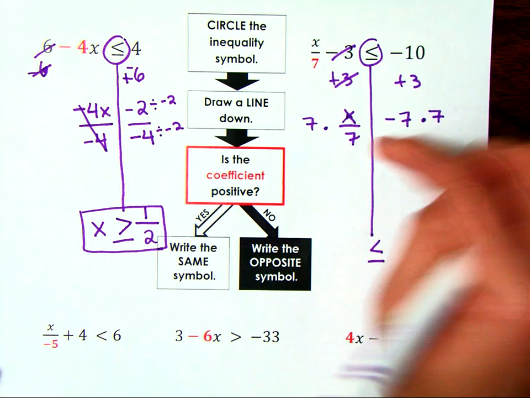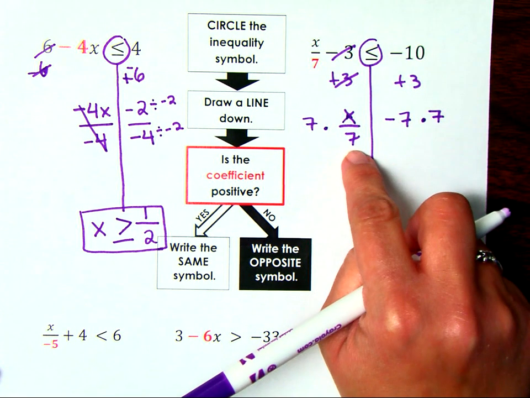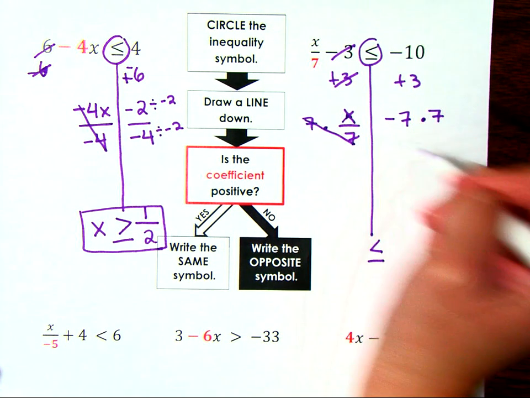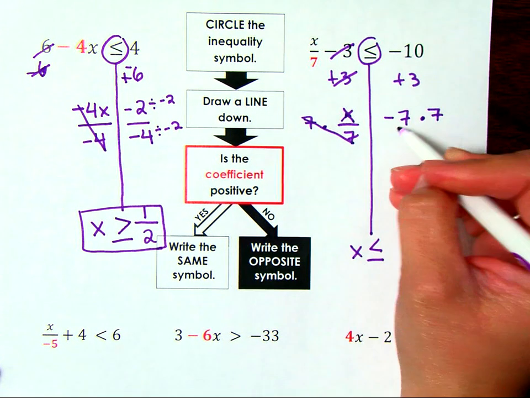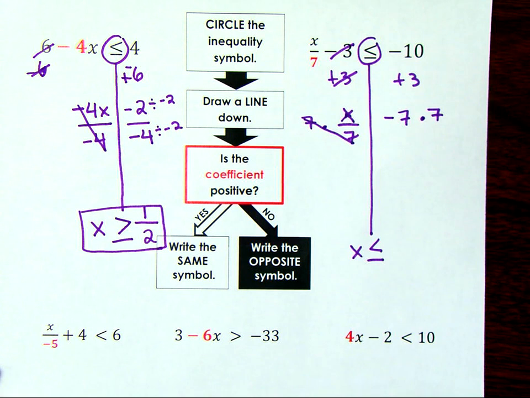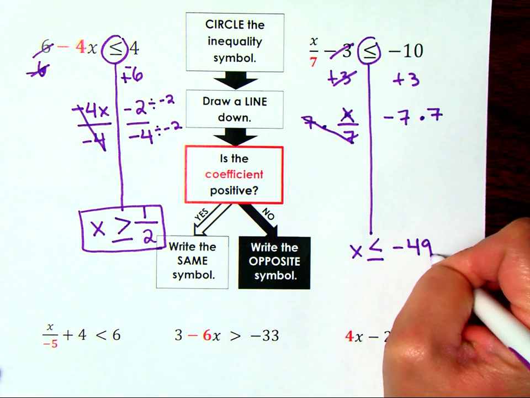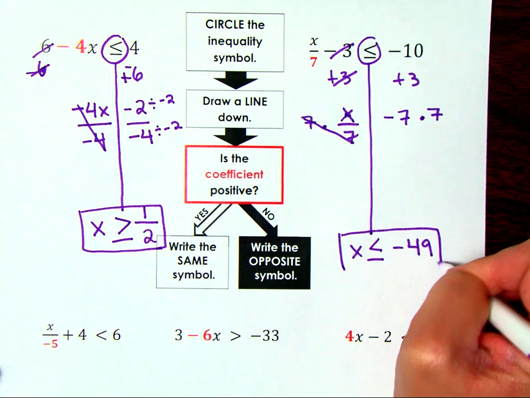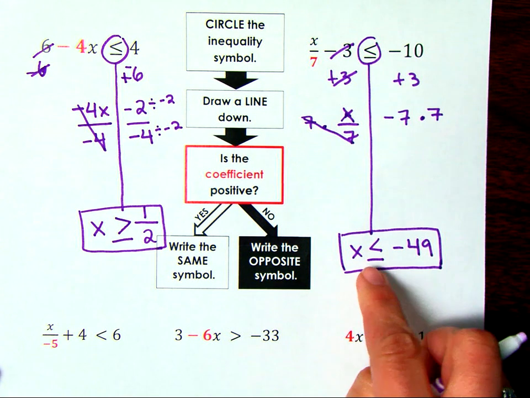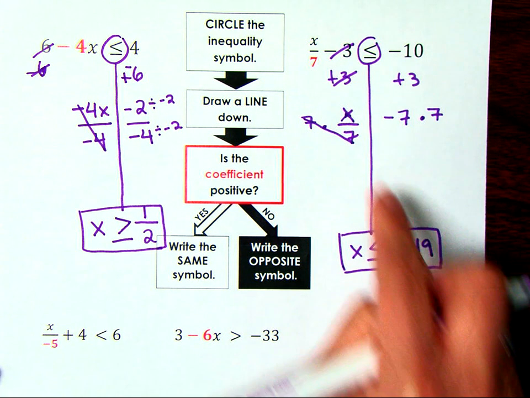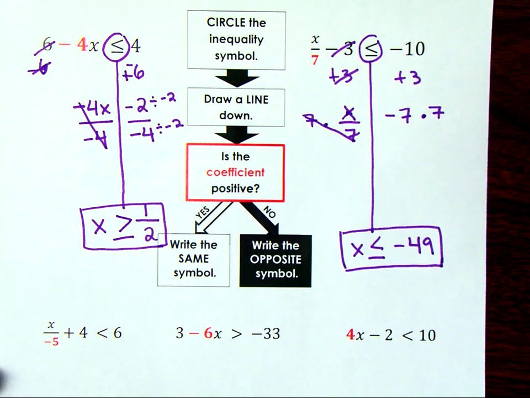You multiply or divide by the same number you originally had. So x is by itself. Negative 7 times 7 is negative 49. So any number that is less than or equal to negative 49 would make this inequality true.